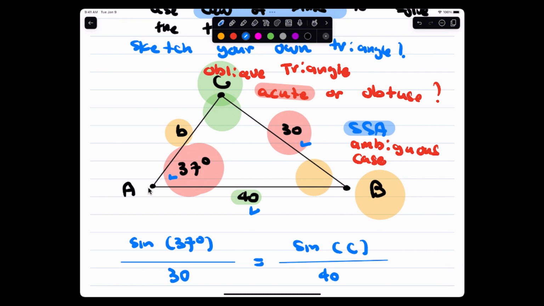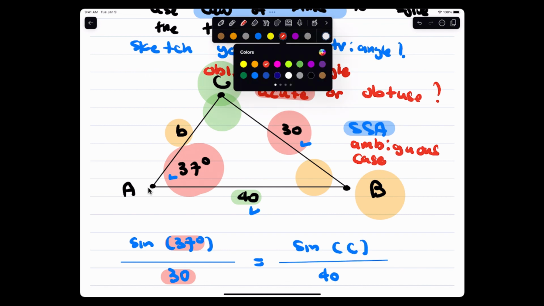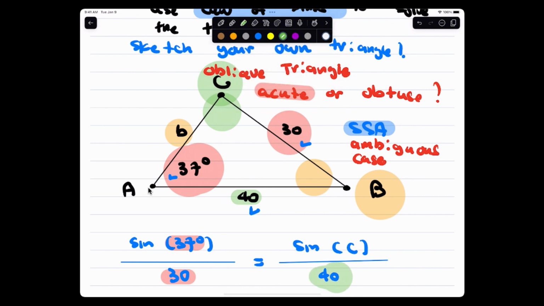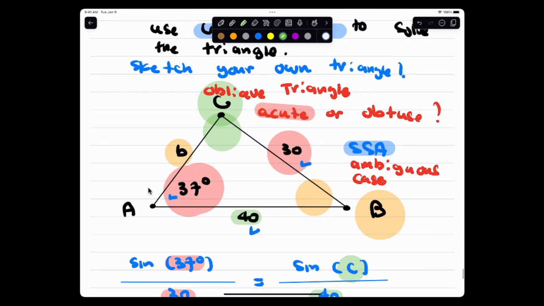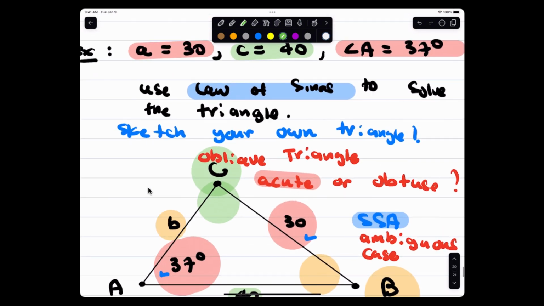Because I have to have a known angle and the opposite side. Those are the A's in this case. And then I have to have one known. In this case, 40 is known, but we don't know C. So take a look at this. We're going to use law of sines here.